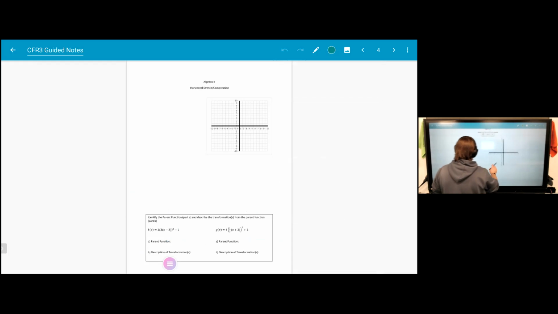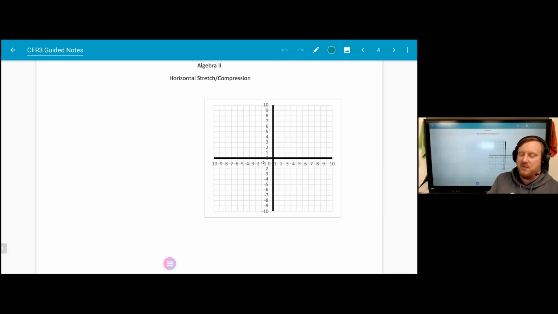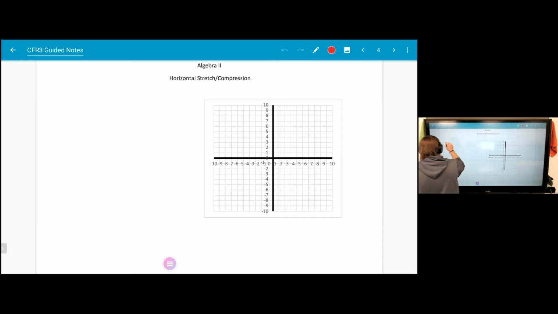Now, just like we did before, we're going to start with this brand new function. I'm going to get really creative here and call it g of x. It's my new function.